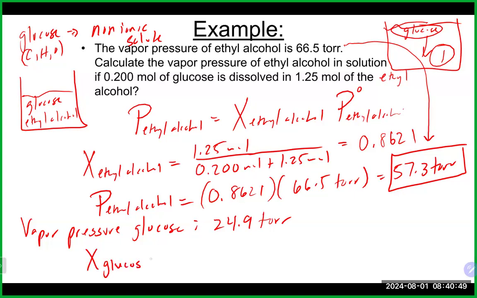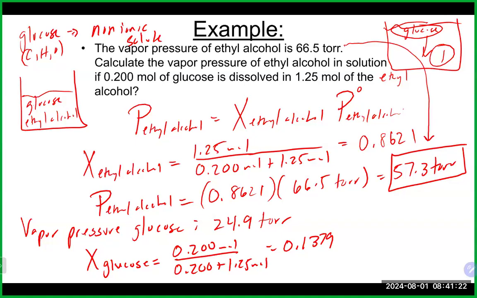We would then do, obviously, glucose's moles, which would be 0.2 divided by 0.2 plus 1.25 moles. And that would give us, and we could also subtract from 1, about 20%, I think, 0.1379.